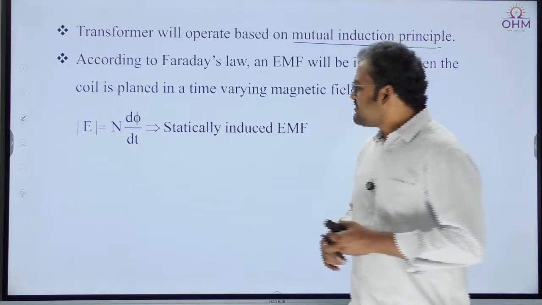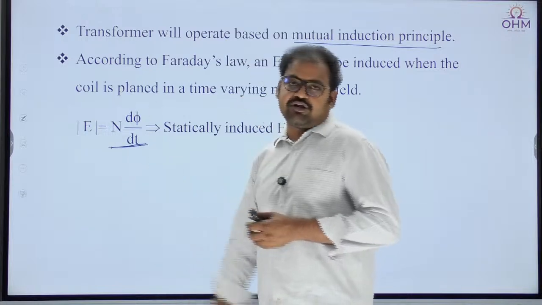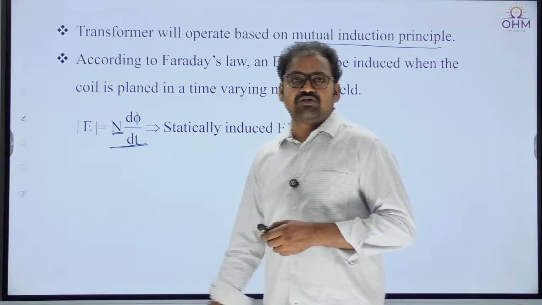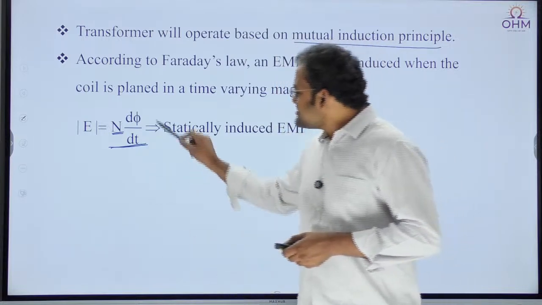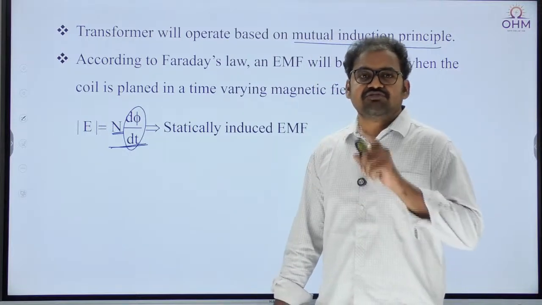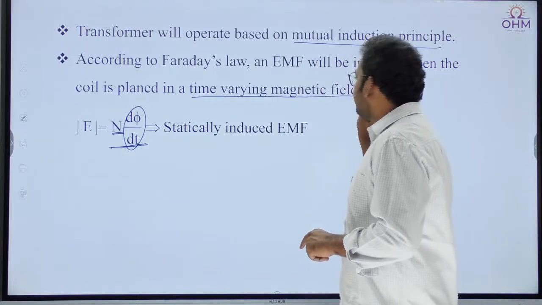What is the magnitude of that induced EMF? It is N d phi by dt, an important formula, where N is the number of turns in the coil, and d phi by dt represents the change in flux with respect to time. That's why we need a time varying magnetic field.